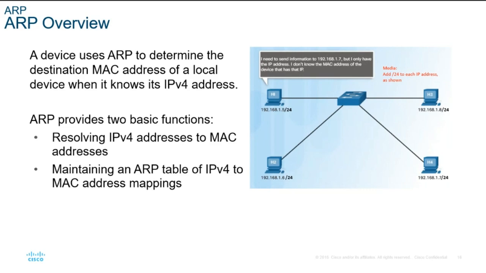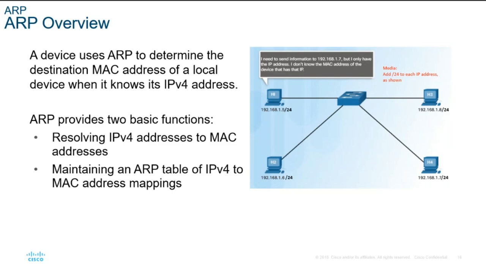The ARP provides two basic functions. Una, resolving IPv4 addresses to MAC addresses, and maintaining the ARP table of IPv4 to MAC address mappings.